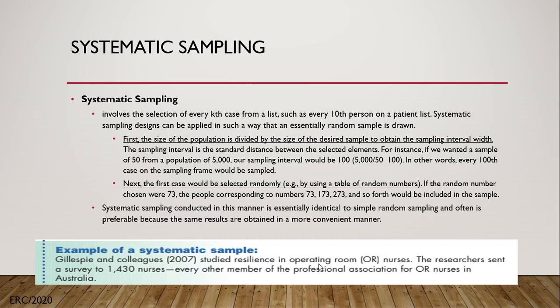Next, the first case would be selected randomly by using a table of random numbers. If the random number chosen were 73, the people corresponding to number 73, 173, 273, and so on and so forth would be included in the sample. Okay, that is how systematic sampling happens.